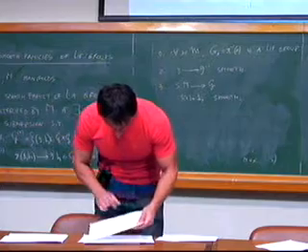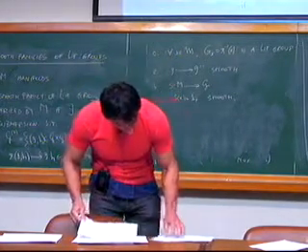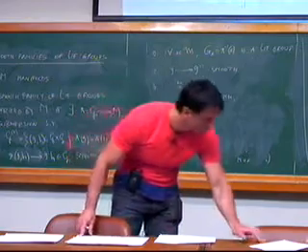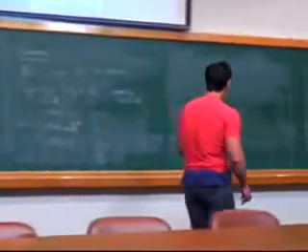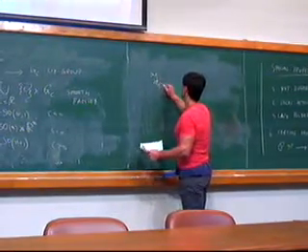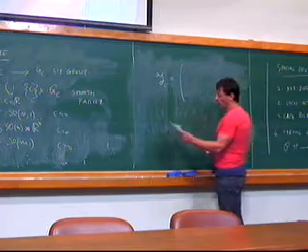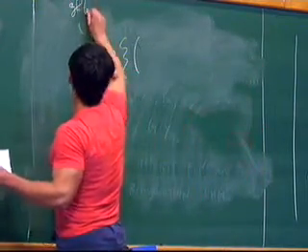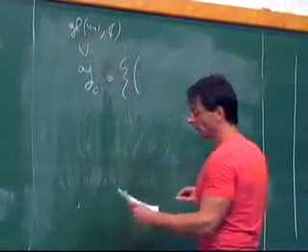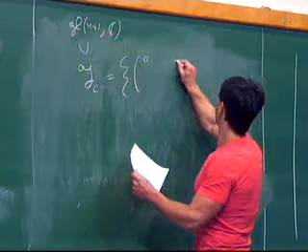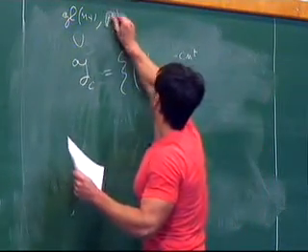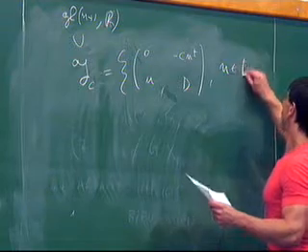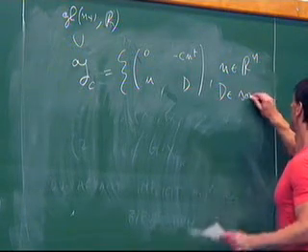Let me give you the formula here. You define this to be a subalgebra of gl(n+1, R): you put 0 here, then minus C U transpose, U, and D, where U is anything in R^n, and D is antisymmetric.